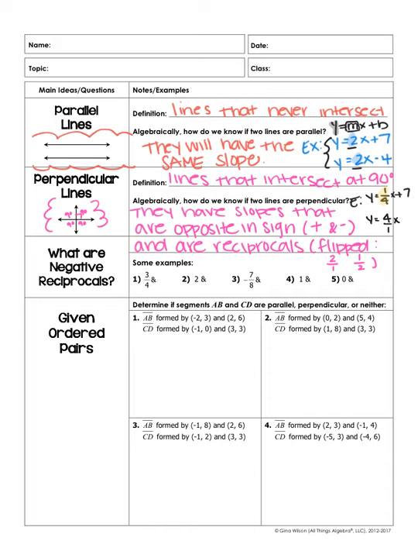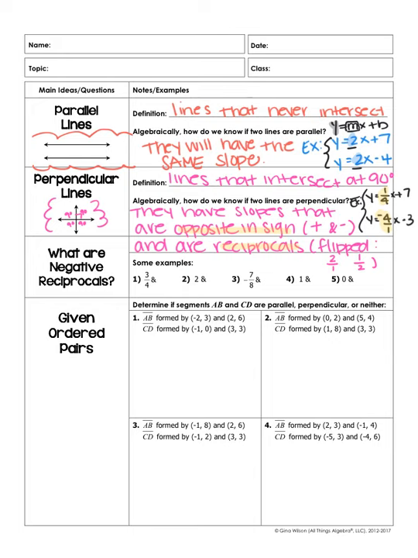And this top one was positive, so that one would have to be negative. And then the y-intercept can be whatever, so I'm just going to write -3. So 1 over 4 and -4 over 1 are opposite in sign and reciprocals. So these two lines would be perpendicular to each other.